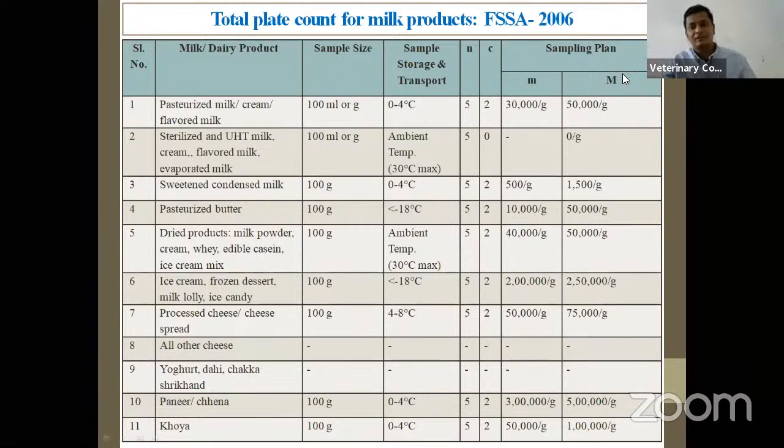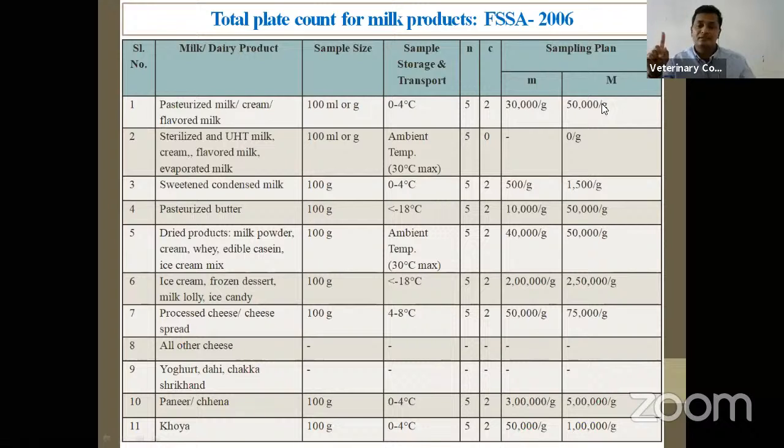No. This is the maximum ceiling, capital M. 2 samples can violate 30,000, can have a load more than 30,000, but in no case can any sample be more than 50,000.